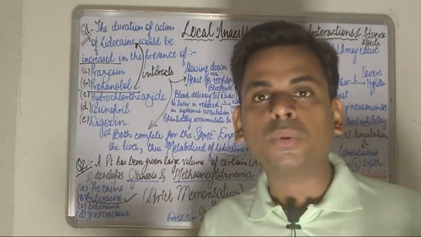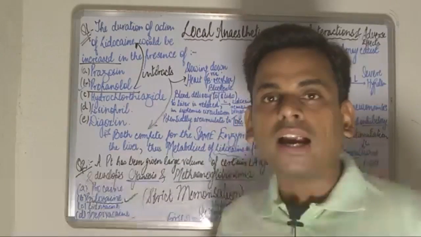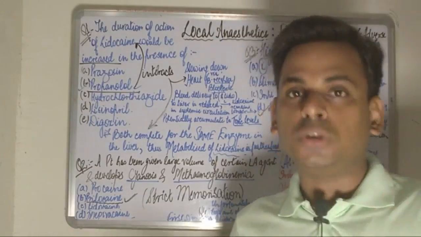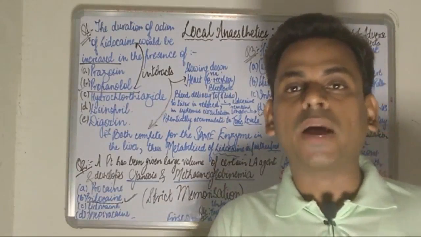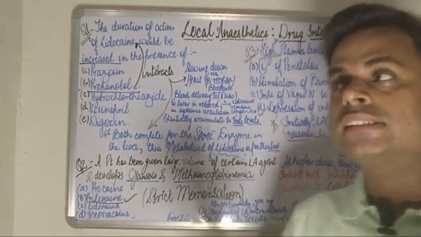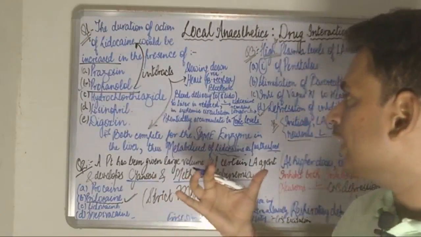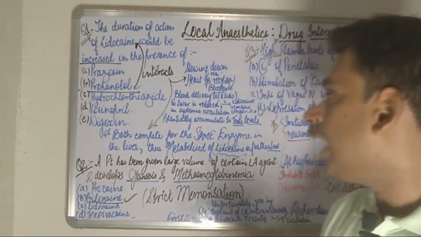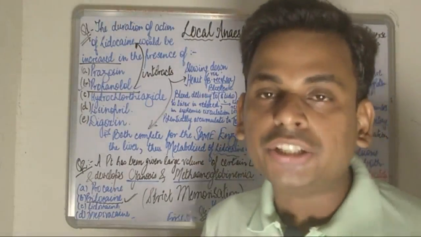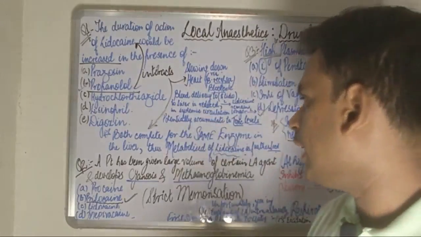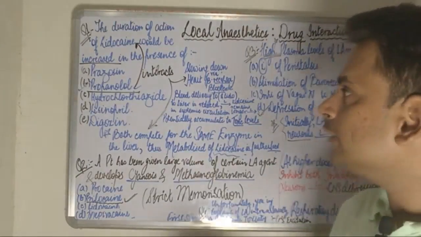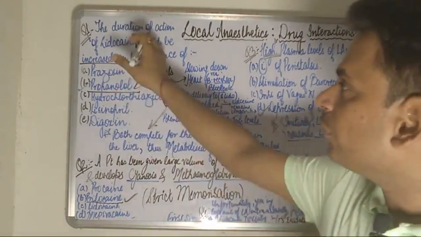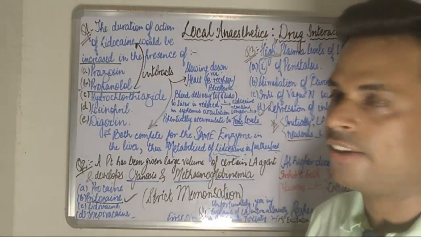When the heart is slowed down, the pumping action and the delivery of blood and local anesthetic to the liver is further slowed down. This results in the local anesthetic remaining in the systemic circulation for a longer duration, and it can potentially accumulate to toxic levels. So these are the two mechanisms of drug interaction of this amide type of local anesthetic that I have discussed.